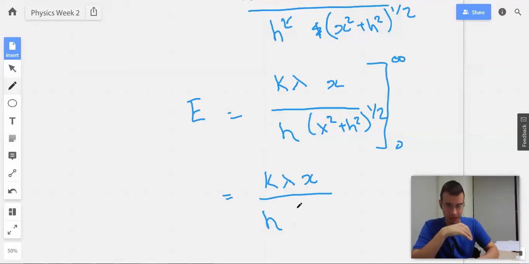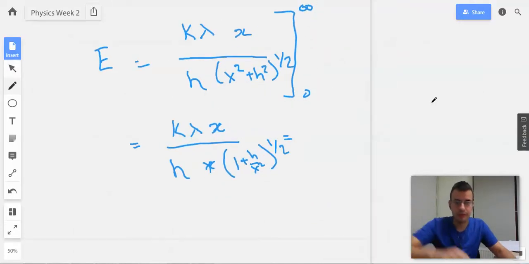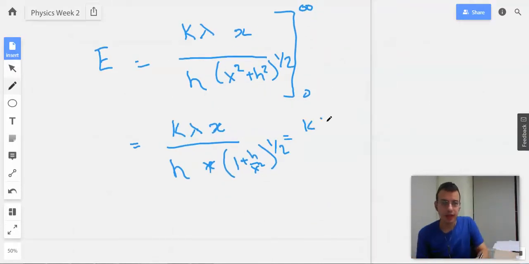If we pull out the x squared, we'll have an x, and then we'll have 1 plus h over x squared to the 1/2. Cancel, cancel. That blows up to an infinity, which equals k lambda over h.